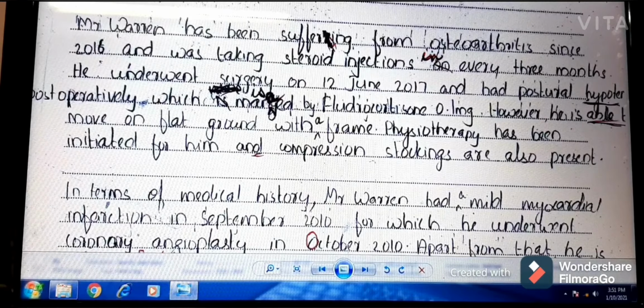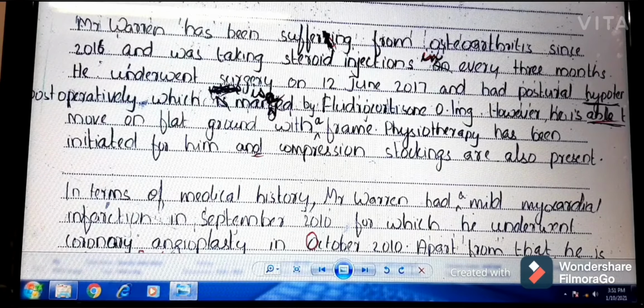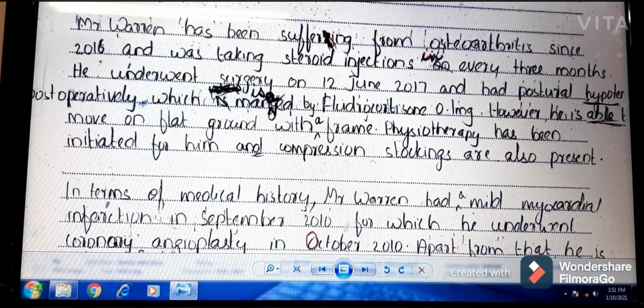The candidate is not supposed to write anything beyond the end of the line, even to the margin. Next word, post-operatively. That word also should not be written to the margin. So don't write anything beyond the line or prior to the line, before the line.